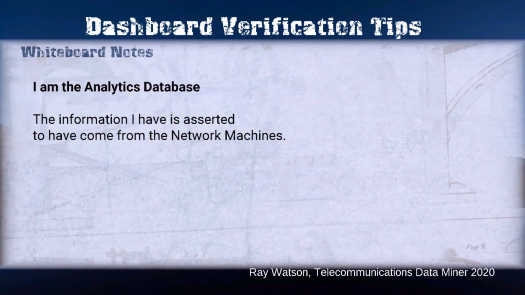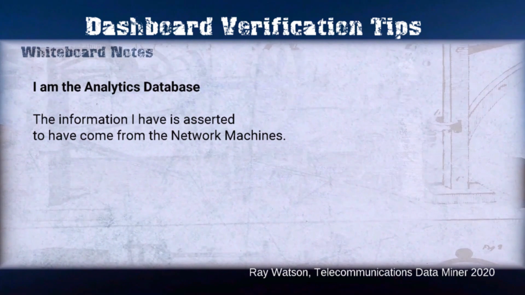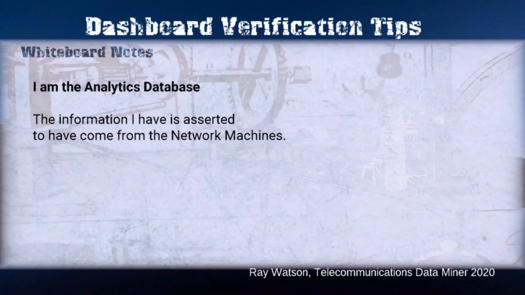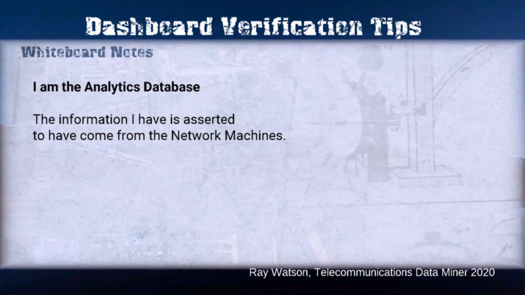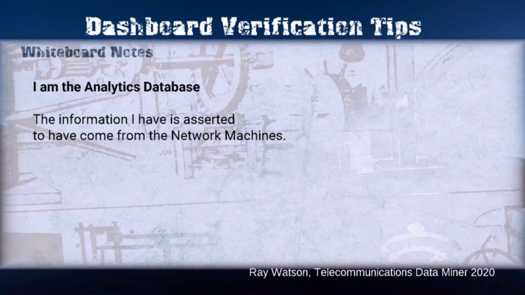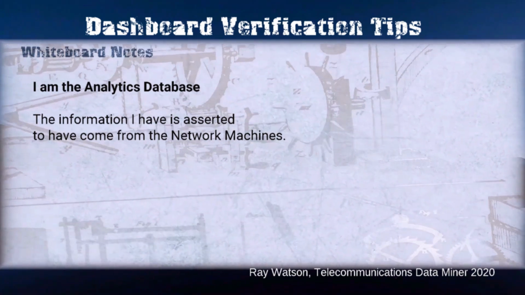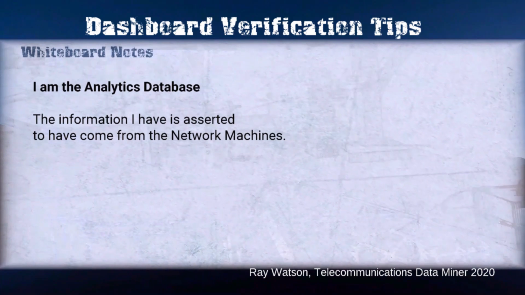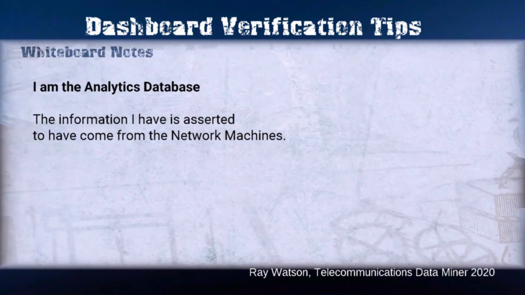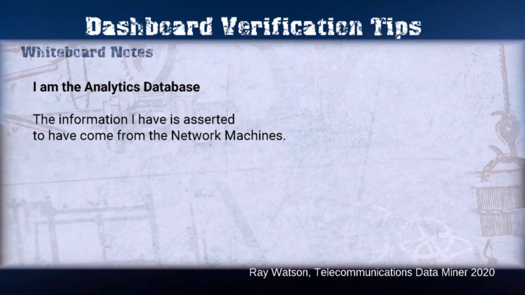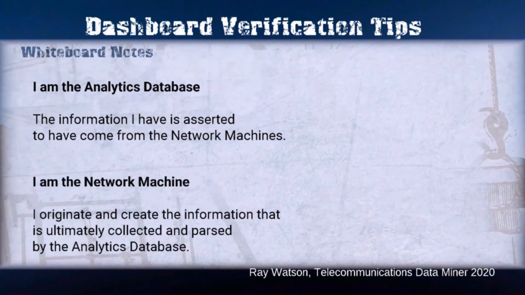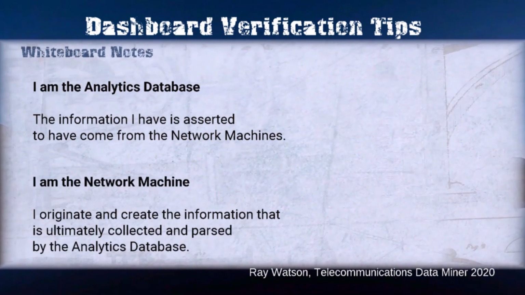It is important to always remember that the information we see in the analytics database is only a representation that is asserted to be donated by the machine sample period files. Due to misbehavior that can happen within the network machine or analytics database, they may disagree and contradict from time to time.